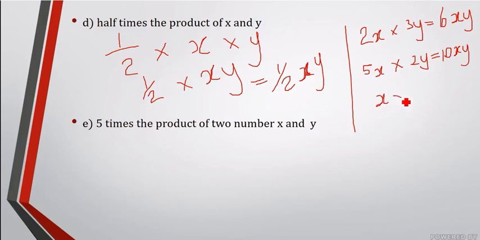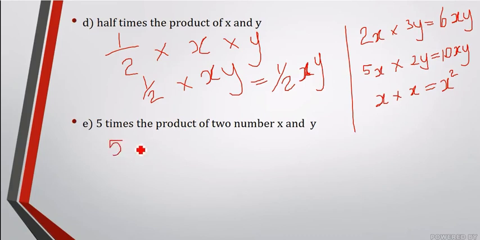If I have x multiplied by x, what will this give me? X multiplied by x is not going to give me 2x, it is going to give me x squared. Okay, let's continue. 5 times the product of two numbers x and y.